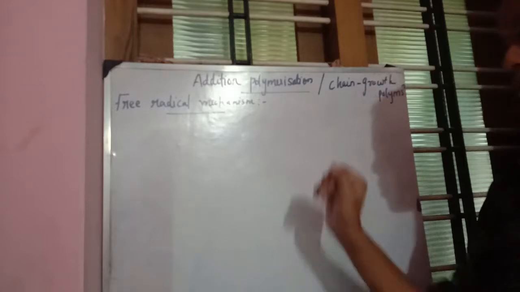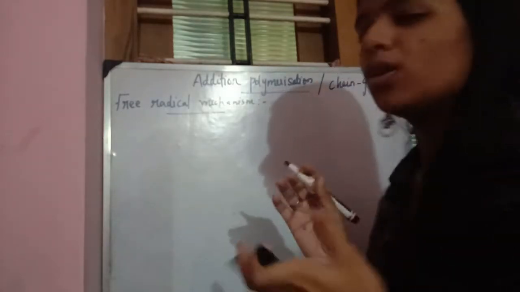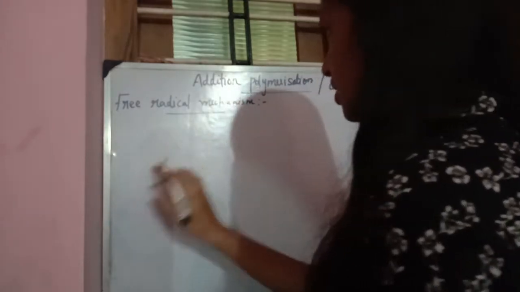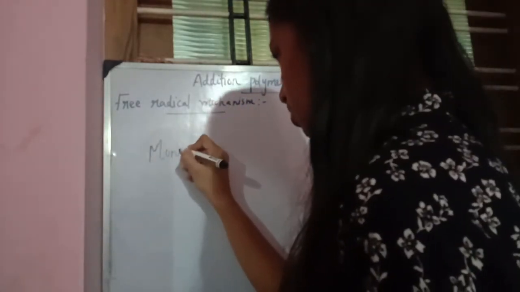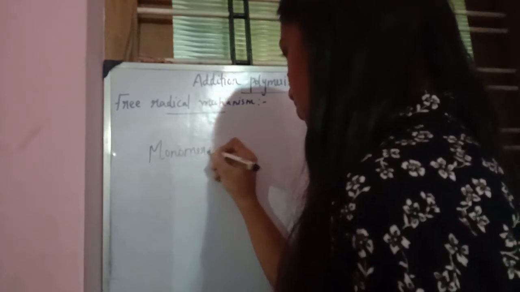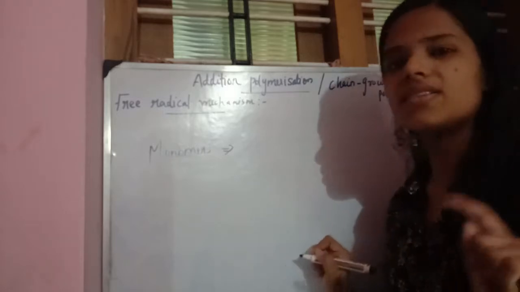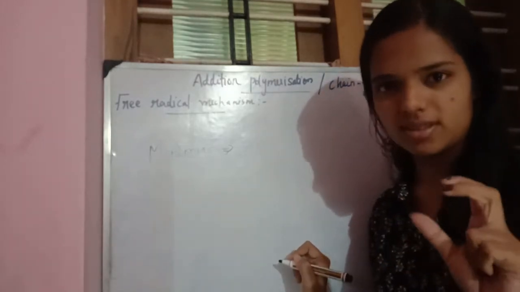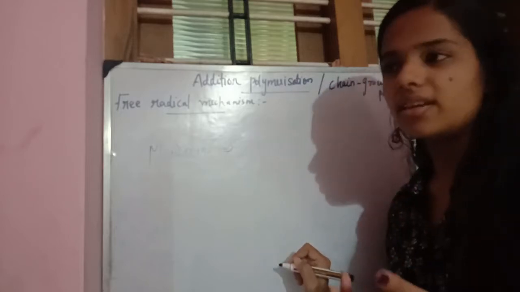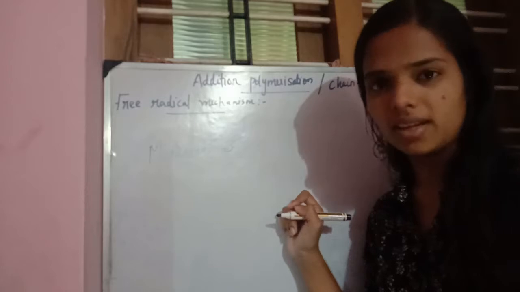So before going into the mechanism, let me tell you some points. See here, in addition polymerization, the monomers which we are using, we have already studied, should contain double or triple bonds, right? So in such monomers only the addition polymerization takes place, right?